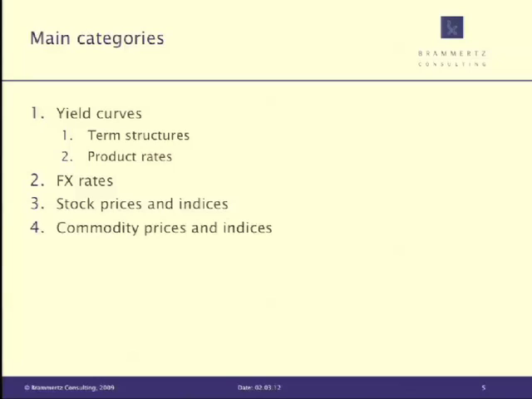Then we have the FX rate. That's for all foreign exchange traded products, so you need an FX rate. Then we have the stock prices and stock indices, so anything which drives stocks as a risk factor, and then commodity prices and indices.